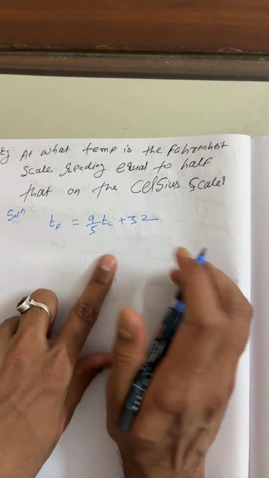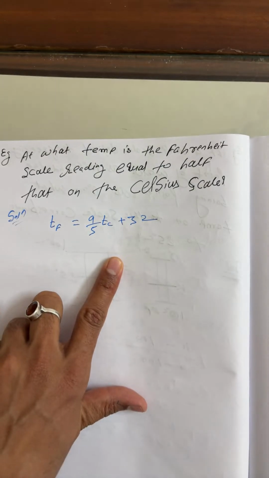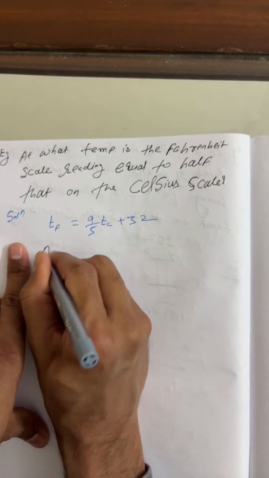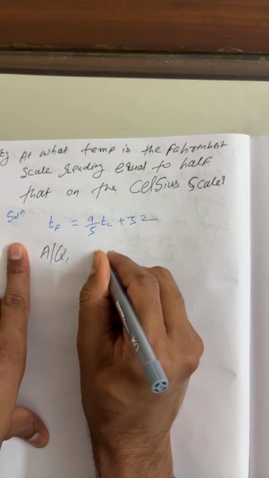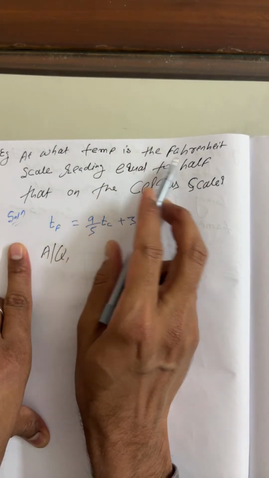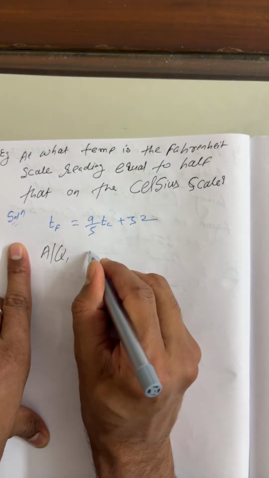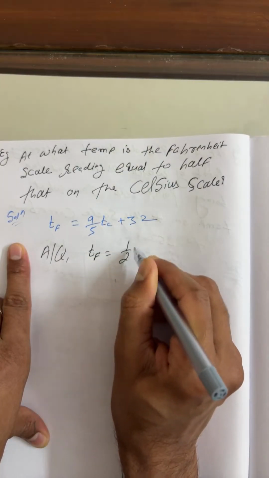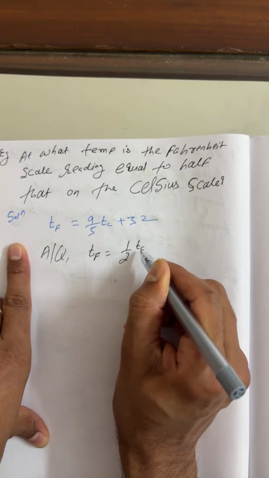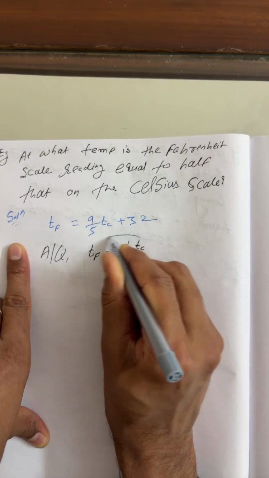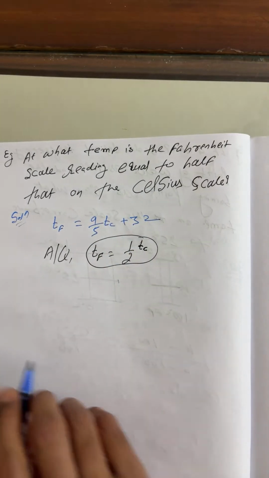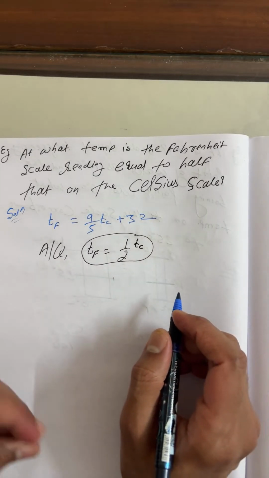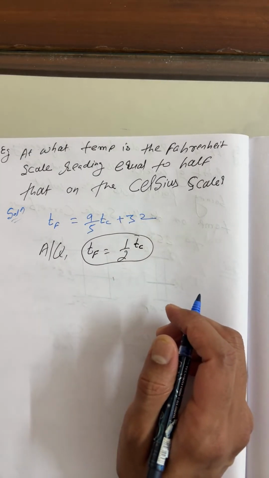Now, students, according to the question, the temperature in Fahrenheit is half the temperature on the Celsius scale. You are here only, but why were you not responding previously?